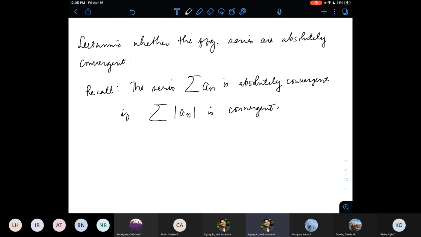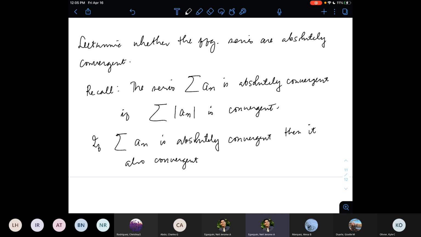And the nice thing is that if the series is absolutely convergent, then it is also convergent. So absolute convergence is a more general, more overarching condition, because if your series is absolutely convergent, it follows that it is itself convergent.